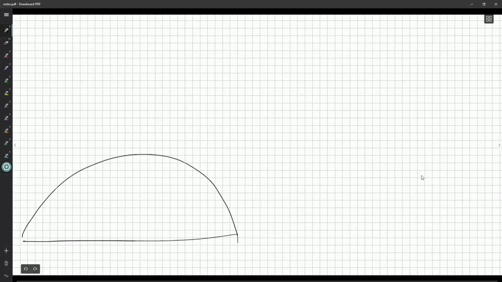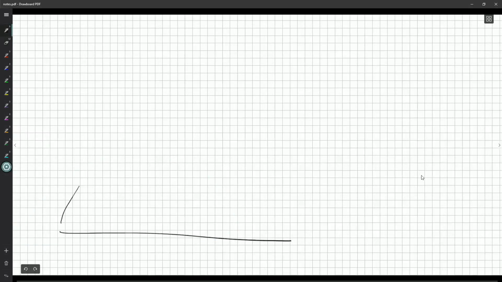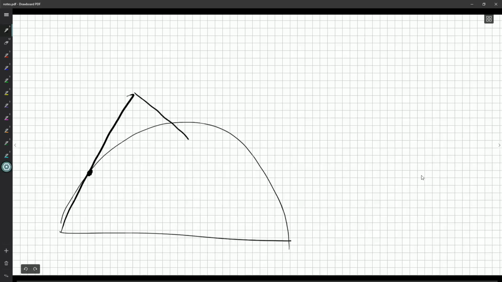Okay, so let's get a copy of this picture for ourselves. I will draw this once again. Actually, I really only need the top half, don't I? We can draw a better picture than that.